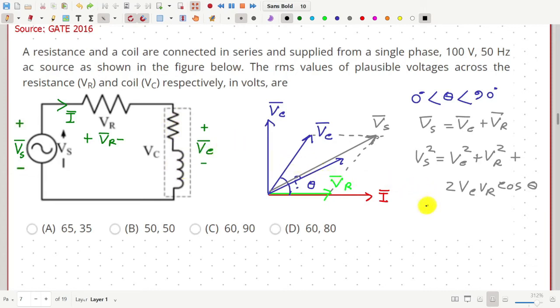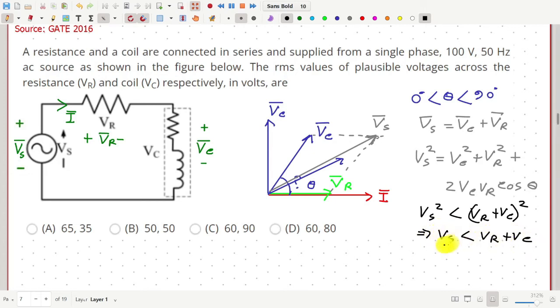So therefore we can write Vs squared is less than VR plus VC whole squared, because cos theta is less than 1, which means Vs is less than VR plus VC.